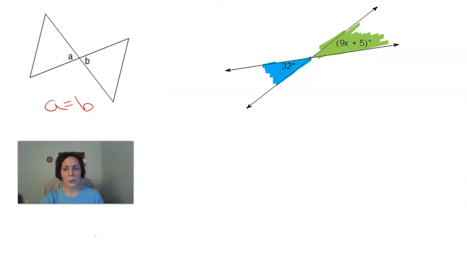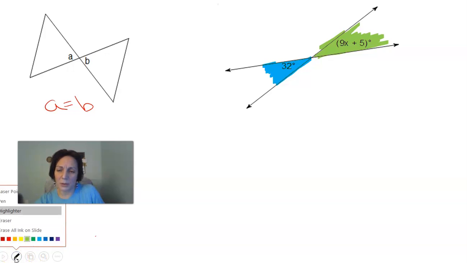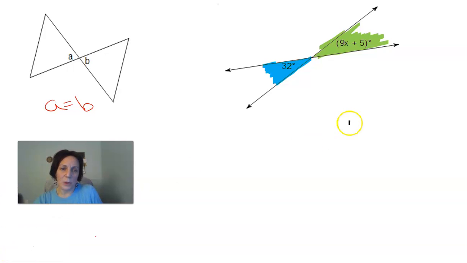Right? So they're being really, really specific and making sure that you know that that algebraic expression right there, that 9x plus 5, the whole thing refers to how big that angle is. So if that angle is 42 degrees, then 9x plus 5 is 42 degrees. Okay, so that's why they put the parentheses around it, and that's why they put that little degree sign on it. But that's not really important to us in solving the problem, so we're not really going to mess with it.